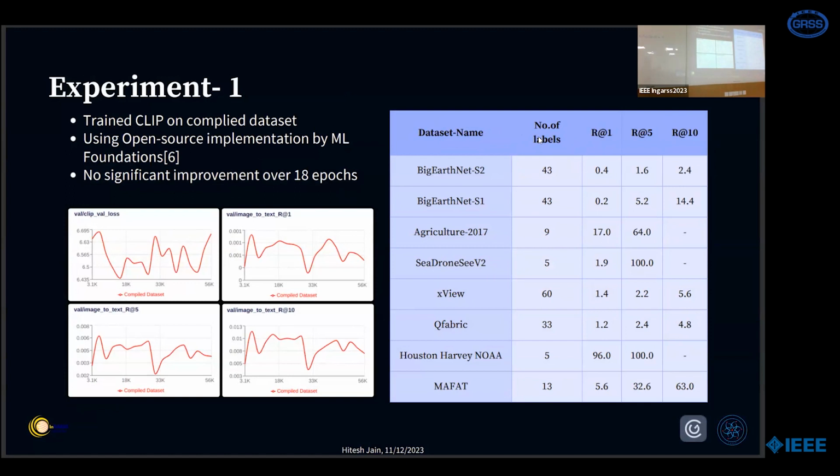Also, we notice that after 18 epochs, the loss suddenly becomes NaN. It might be because of the learning rate that we have used. Also because of the resolution differences that are there in the different datasets.